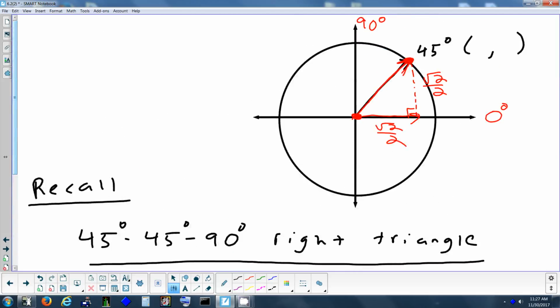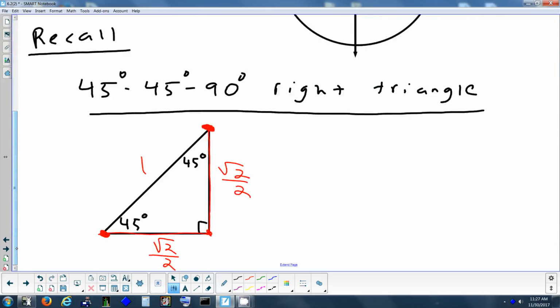And so is the y-coordinate. And that never changes. A 45-degree angle always has those coordinates. Any question on that? Okay. It's the 45, 45, 90.